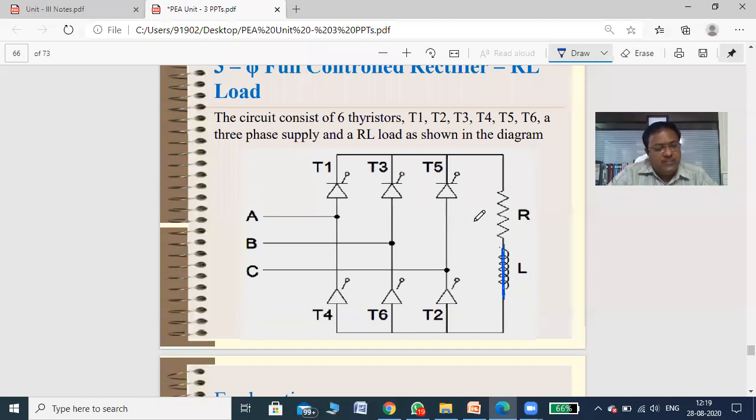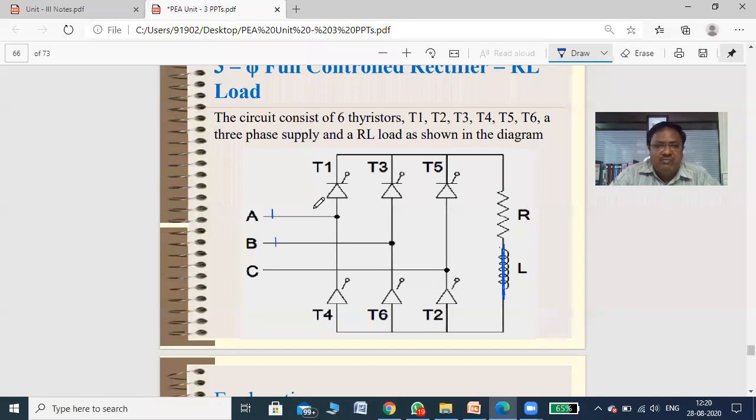Now see here, again the same thing. If phase A is most positive, and another phase B is negative at that instant, what happens?